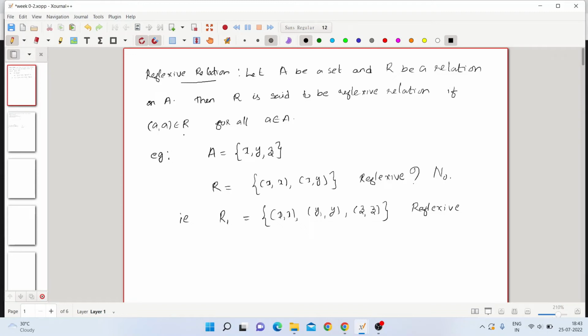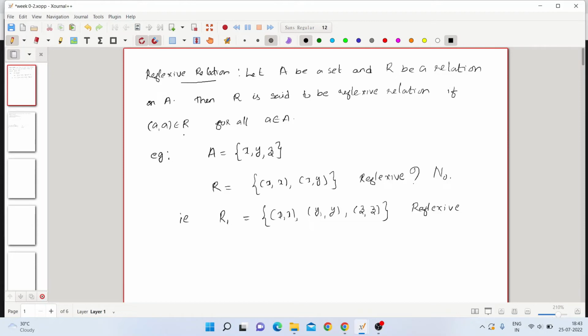So clearly R is a symmetric relation. Now if I take another relation R1 as {(2, 2), (3, 3), (3, 1)}, clearly it is not a symmetric relation, because (1, 3) is not in the relation R1. So it is not a symmetric relation.